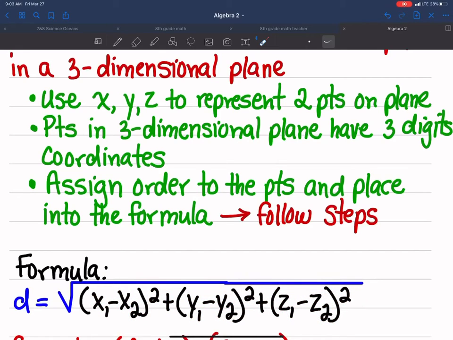Each letter represents one of our points. Let's do one example quickly.